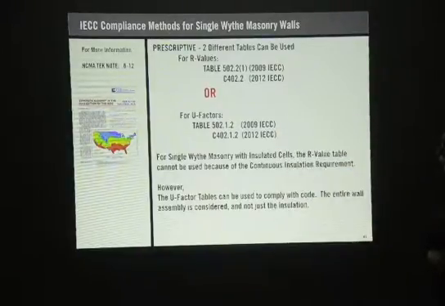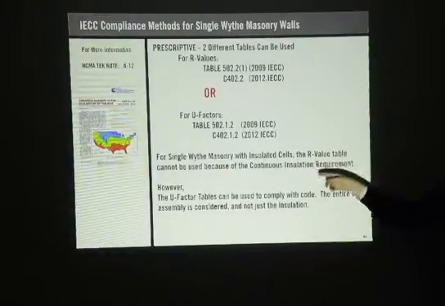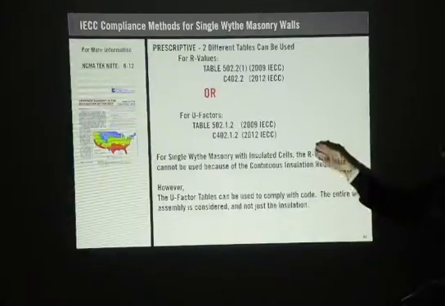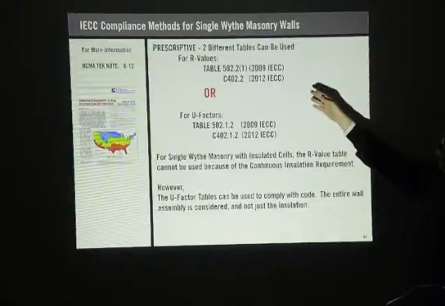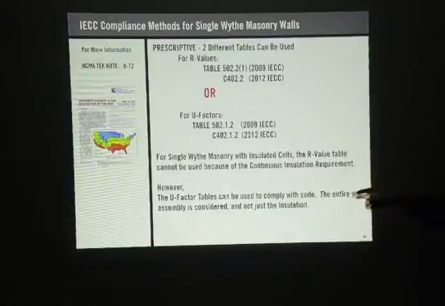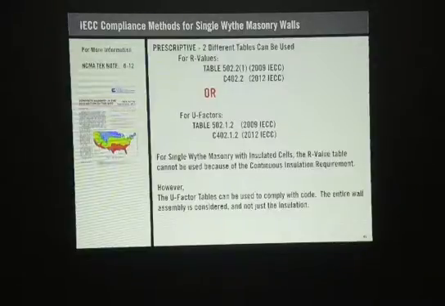For single wythe walls with R values, the table cannot be used because of the continuous insulation requirement. So unfortunately, the R value is not applicable. The U tables can be used to comply with the code because ASHRAE recognizes that, and because ASHRAE recognizes it, the codes here in California do allow the U factors. So we need to look more at U factors rather than R factors.